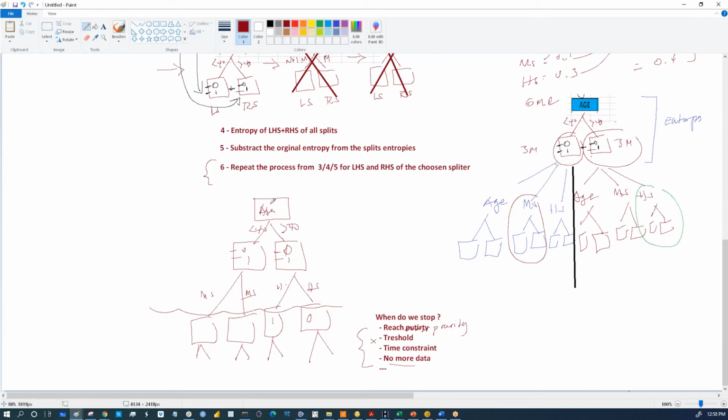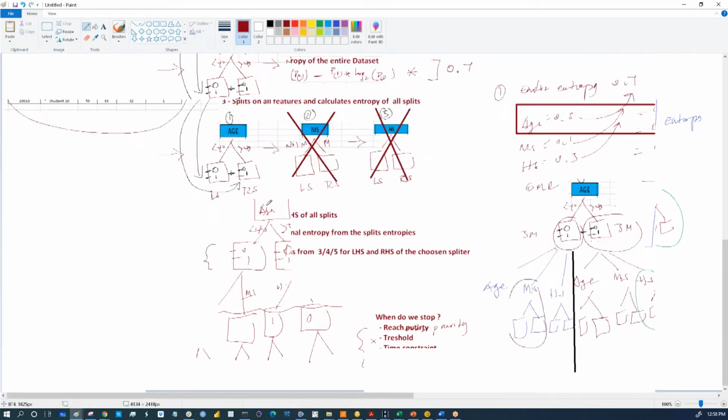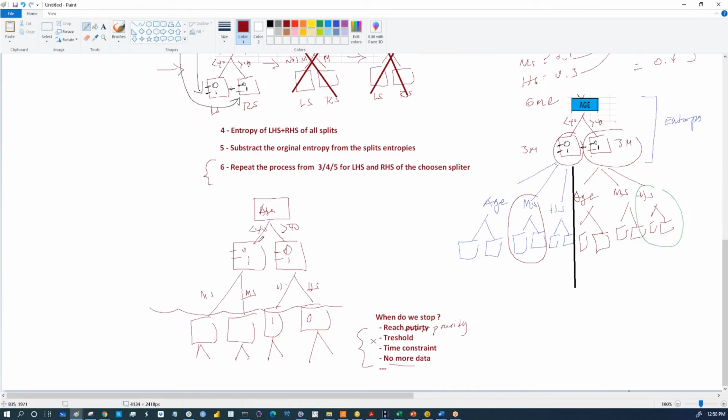No, the second level is from age, not from the entire data set. The entire data set is done. Only the first level uses the entire data set; the second level is whatever the top level is. It's the same process. Let's say age was the winner, then we use the entropy of age to determine which split is the winner, and we keep doing that all the way to the end.